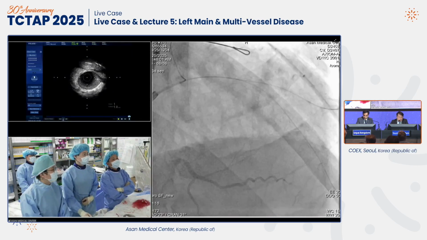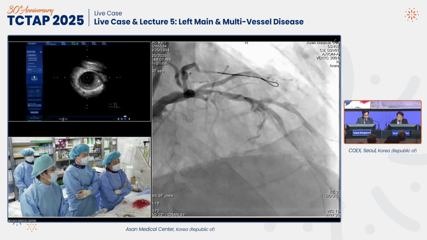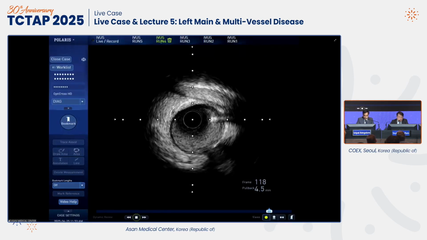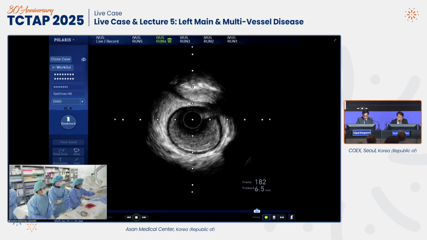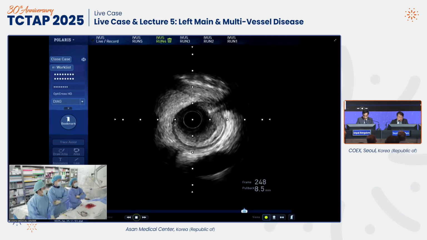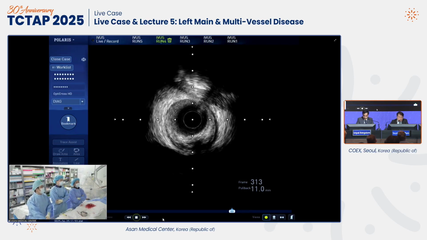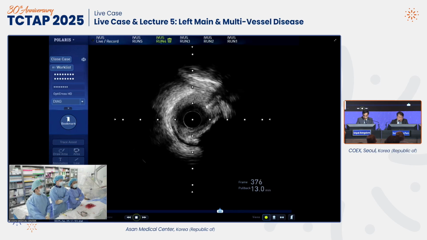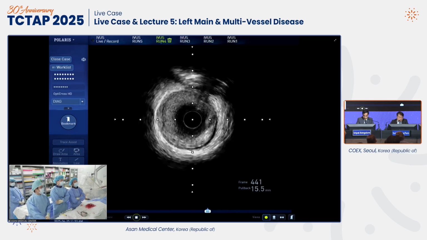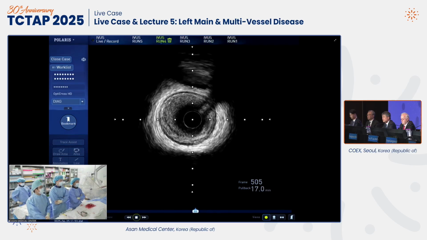This is the IVUS pullback of the diagonal branch after applying the DCB. This is the common situation when you apply the DCB to the diagonal or other small branch. The vessel size is enlarged compared to before applying the balloon.